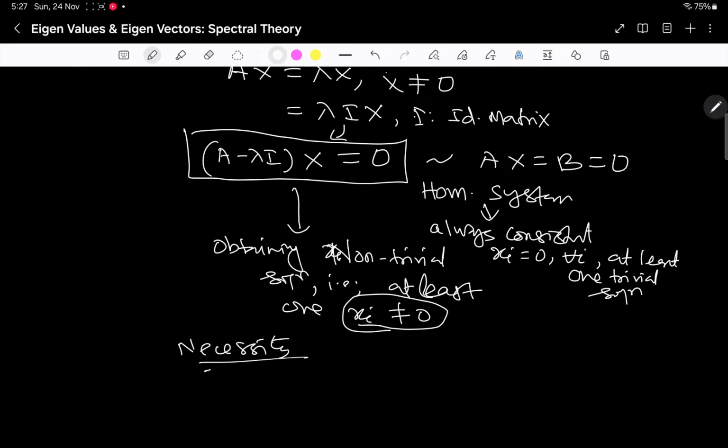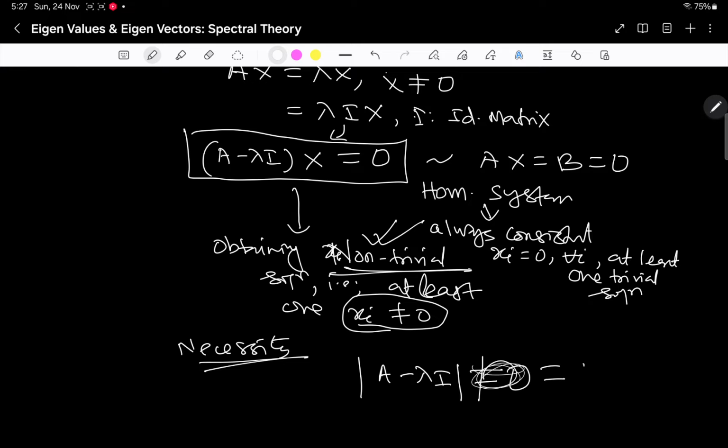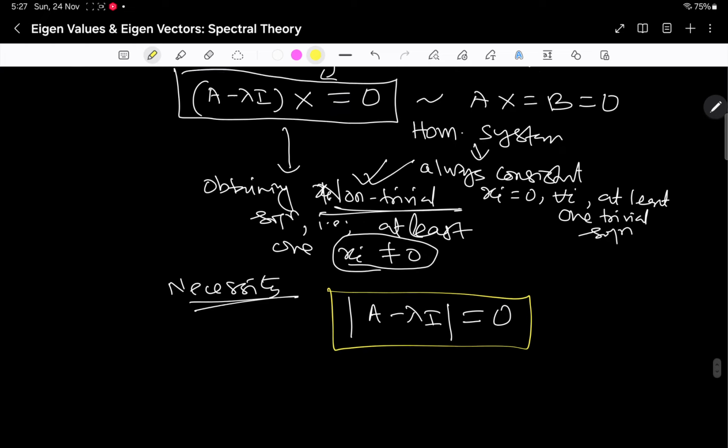The non-trivial solution exists only when the determinant of A minus lambda I is equal to 0. And this is called the characteristic equation.